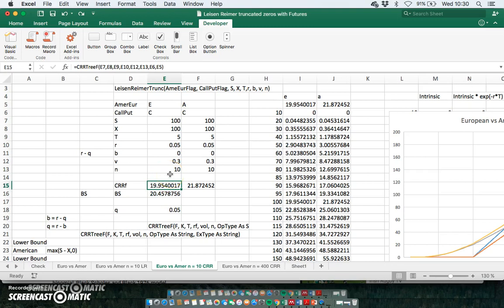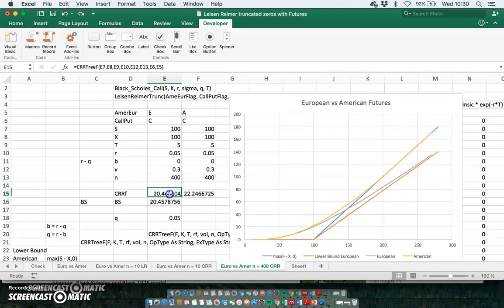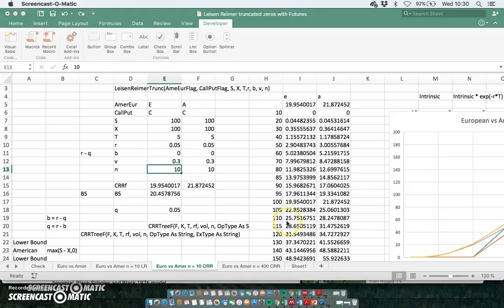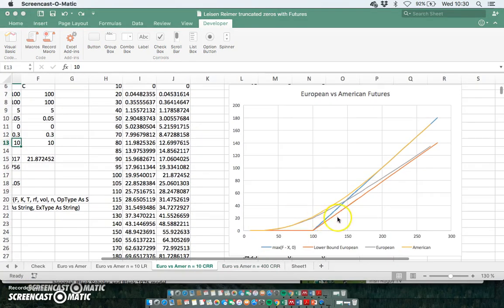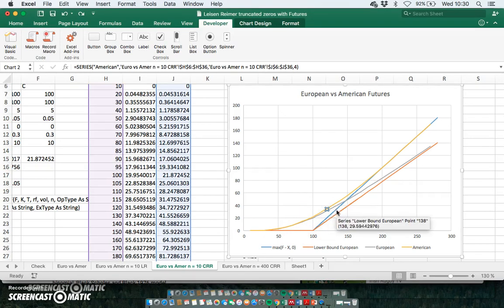The 10-step Cox-Ross-Rubinstein tree is not yielding a value terribly close to Black-Scholes. In fact, we'd have to increase this probably to 50, 100. In this instance, I increased it to 400 and got a value that was relatively close. But using the same parameters, we can still generate the same type of results and the same type of graph here, using the data table from Cox-Ross-Rubinstein.